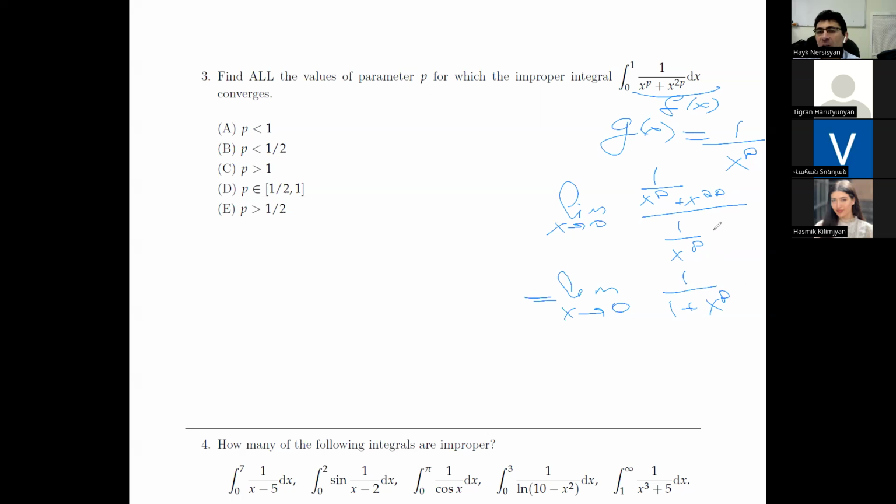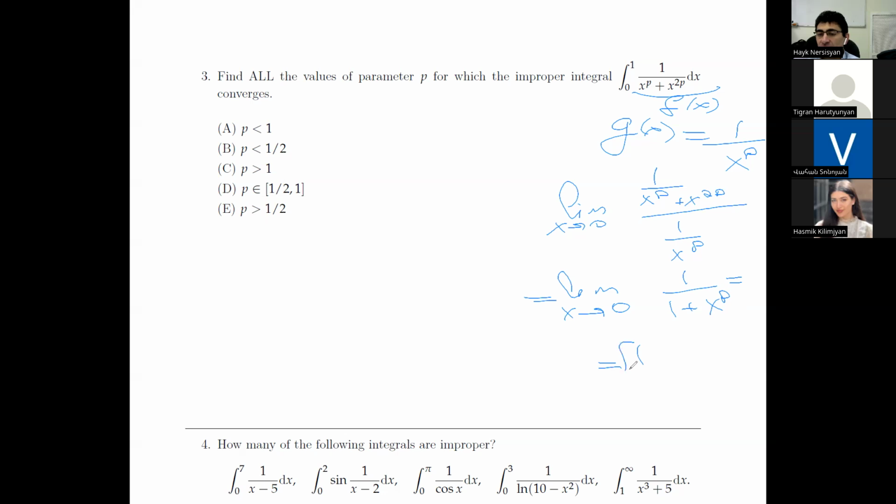Now when x tends to 0, what is the limit here? 1. Seems so, that limit is 1, but why so? Because x^p tends to 0. But x^p tends to 0 if power p is positive.